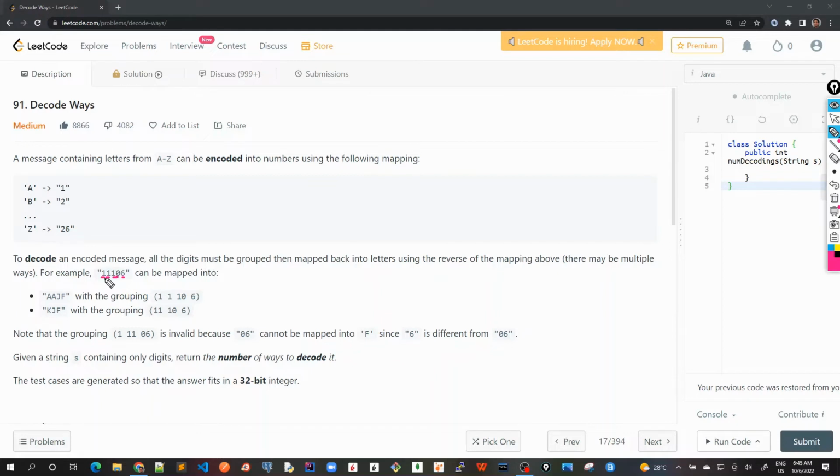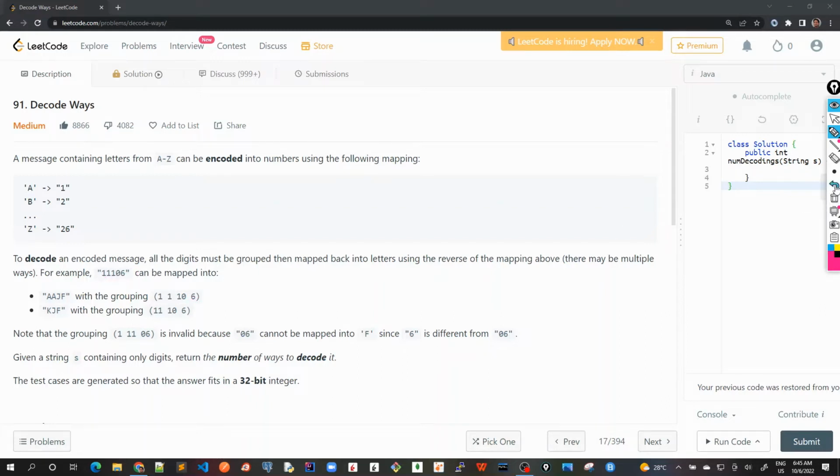So 1 maps to A, and then they have taken 10 together. 10 is actually J, and 6 is F, A, B, C, D, E, F. So F is 6.